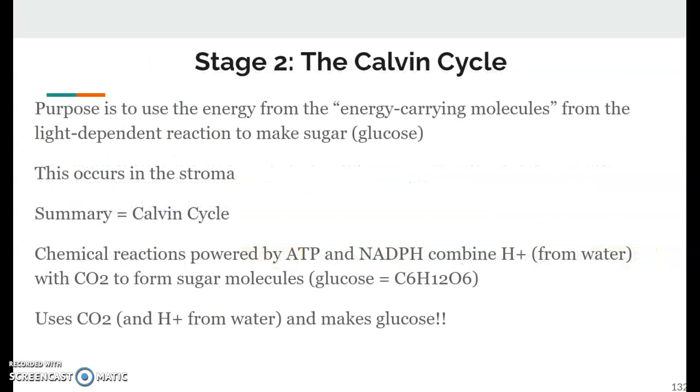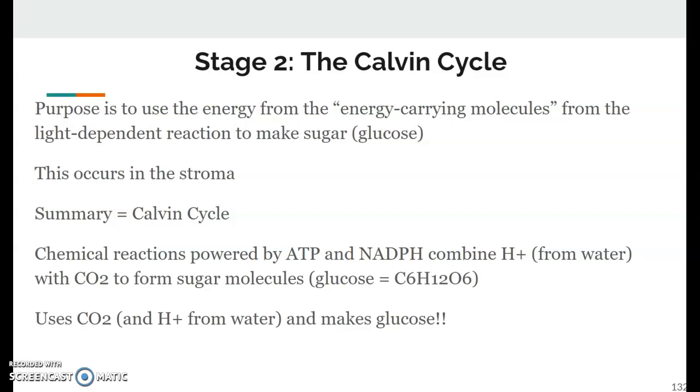Step 2, the purpose of step 2 is to use the energy from the energy carrying molecules from the light dependent reaction. So using the energy from ATP to make the sugar. All right. This part occurs in the stroma, right? And we call this the Calvin cycle or the dark reactions, right?